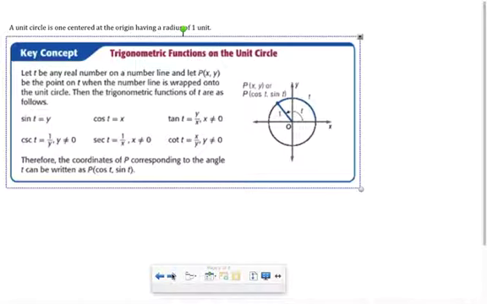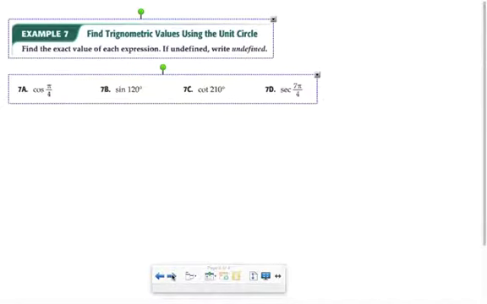And so any point can be expressed as the cosine of the angle, comma, the sine of the angle. So we're using the unit circle to find the exact value of each expression.